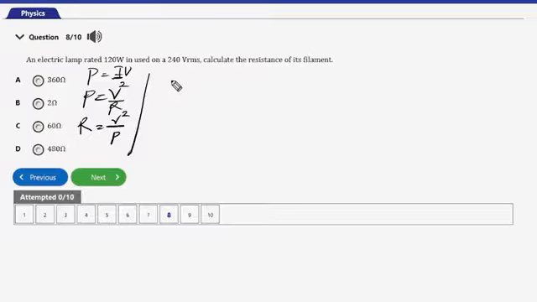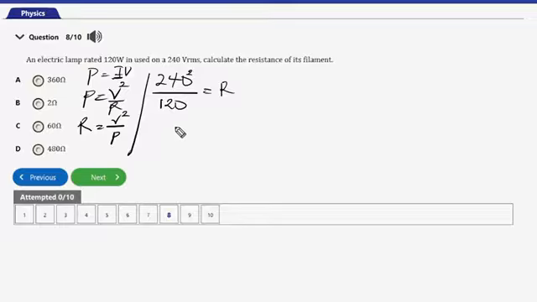V squared is going to be 240 squared, so that's 240 squared over P here, which is 120. So that will give us the resistance here. So 240 squared over 120 here. Let's go ahead and check this out.